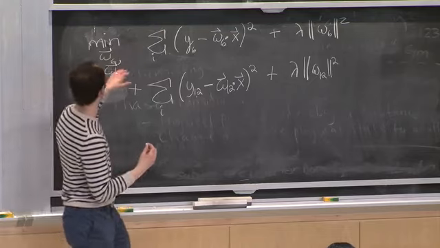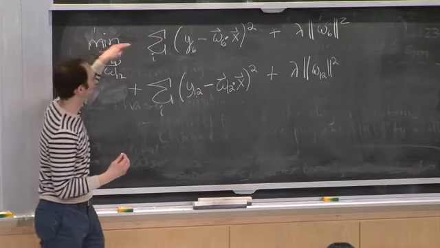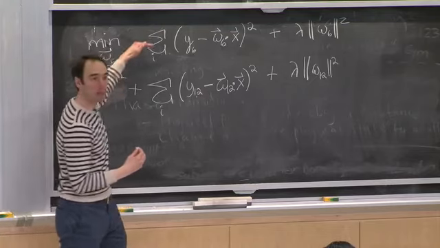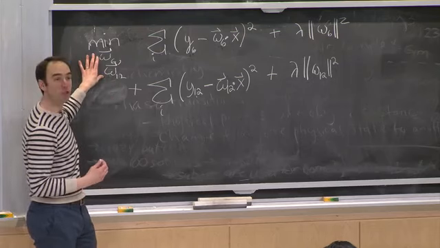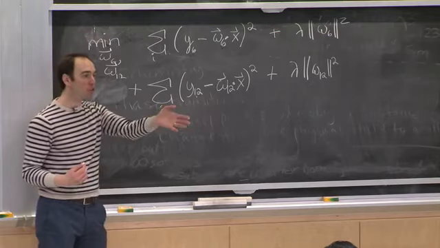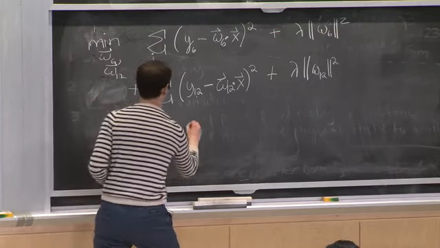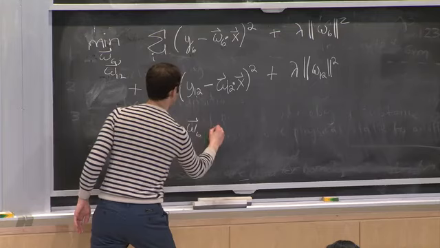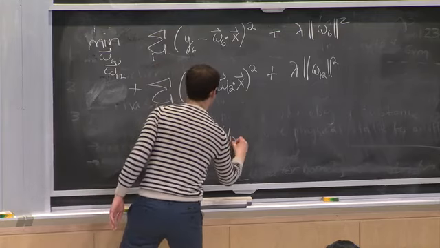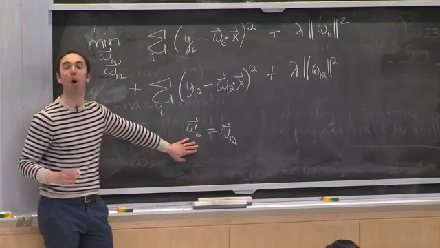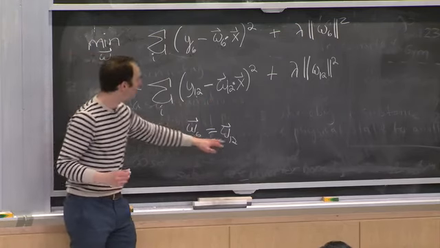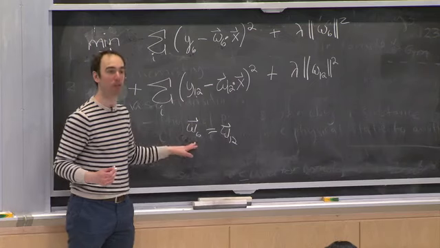All I've done is sum this objective with this objective, minimizing it with respect to 2 different weight vectors. And the simplest thing to do, what you just described, might be to say, let's let w6 equal w12. So you might just add in this equality constraint saying that these 2 weight vectors should be identical.